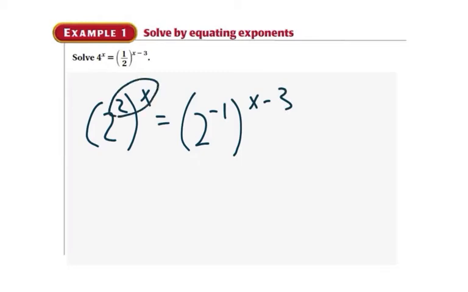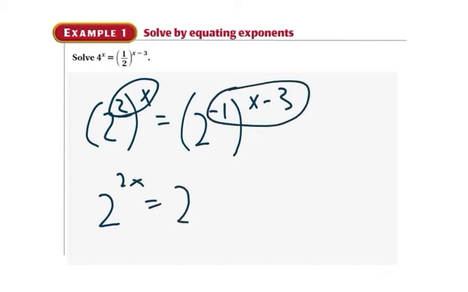And then using the power, this becomes 2 to the 2x is equal to, again, power, 2 to the negative x plus 3. Notice I'm multiplying, which means I have to distribute the negative so that minus 3 becomes a positive 3.